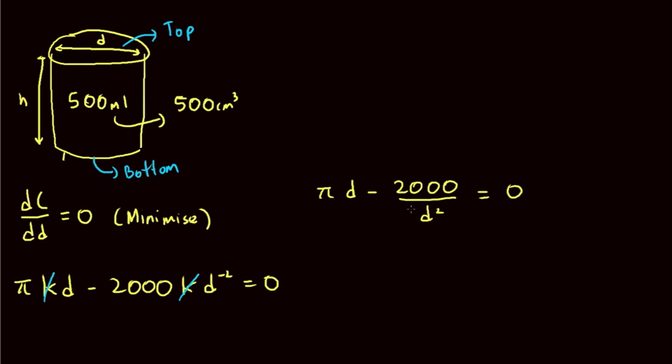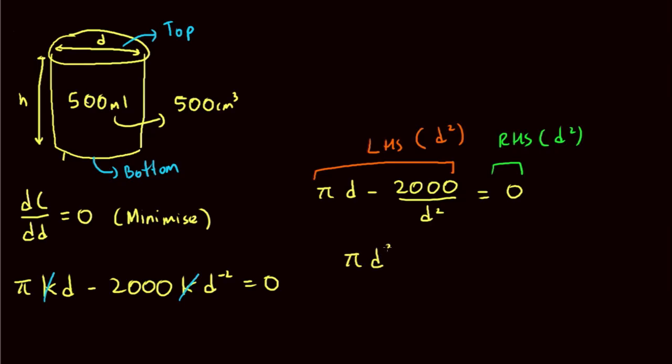If I multiply the left hand side, the LHS, by d square, and of course the right hand side, the RHS, also by d square, then the right hand side, 0 times d square, is still 0, so it's not a big deal. You'll end up having pi d cube minus 2000 equals 0. So we'll have pi d cube equals 2000.